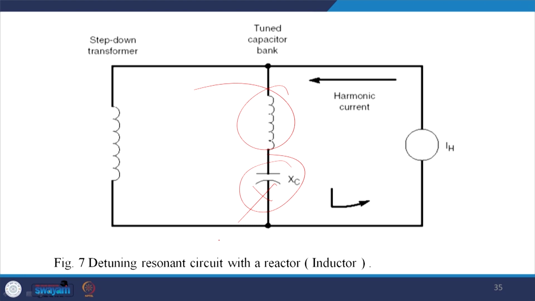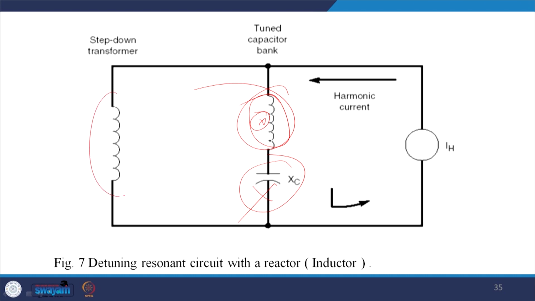Untuned capacitor we cannot use, but you get a better performance, but at some cost. Please understand it, because you have to have a high value of the capacitor as well as a good amount of the cost come from the inductor.